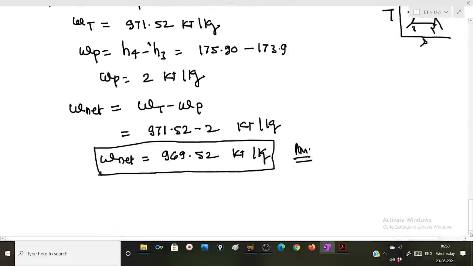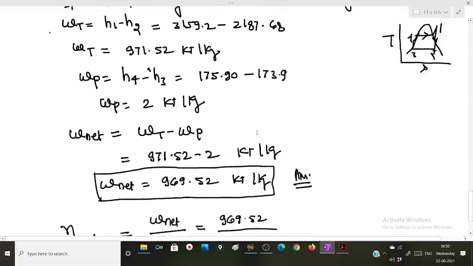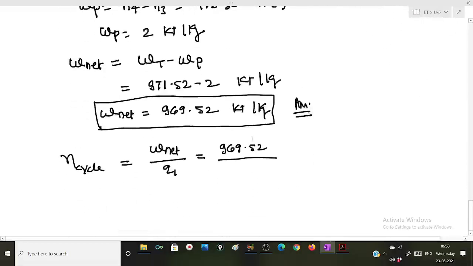Then comes the efficiency of the cycle, efficiency of the ideal Rankine cycle, and it is nothing but W net to the Q1. W net is 969.52 and heat supply just now we have calculated 2983.40, into 100.